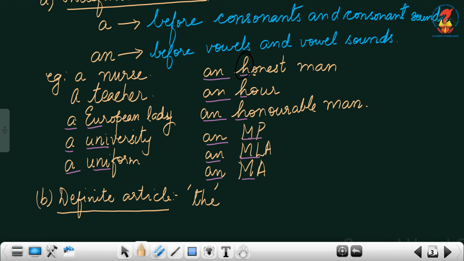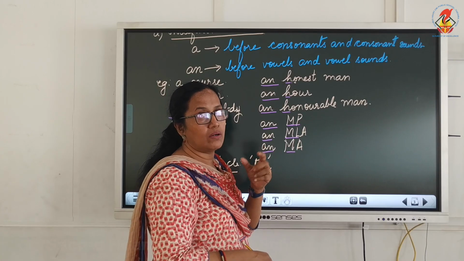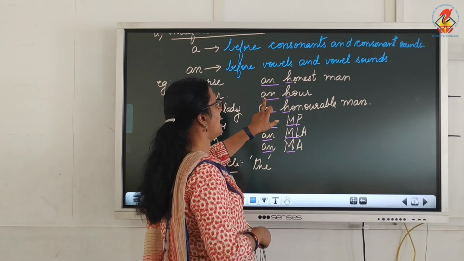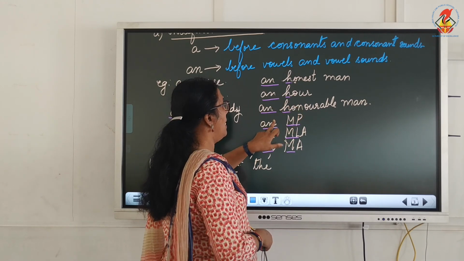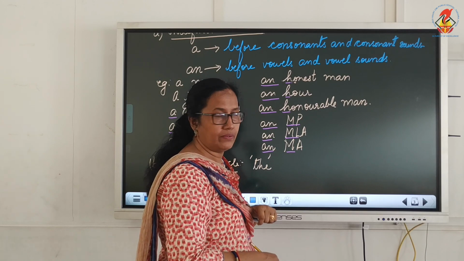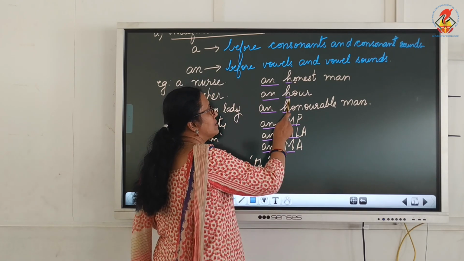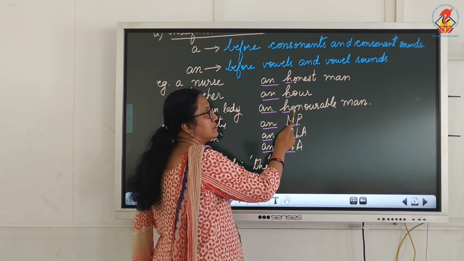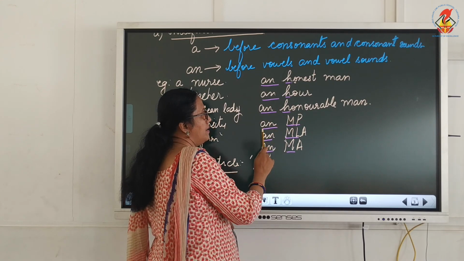No. Whenever we speak the word, H is silent, and so when we speak out the word, the sound of O is coming, so we say "an hour". Then an honorable man. We don't say "a honorable man", because H is silent here and your pronunciation starts from the O sound.